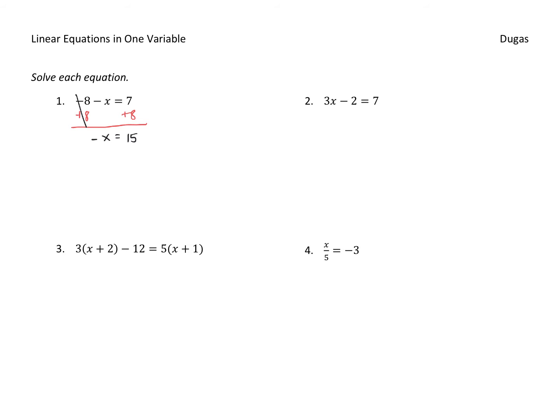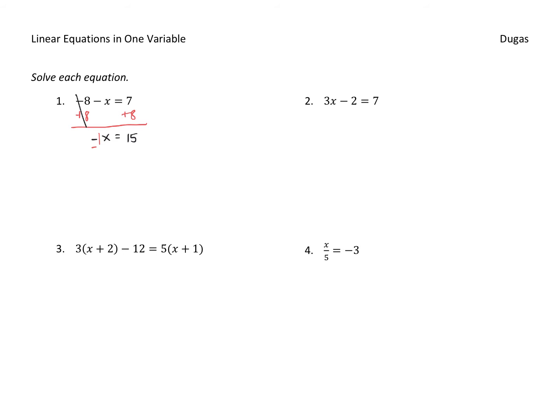Now we're really close, right? But look at the x, it's a -x. We want just x by itself, so we need to get rid of that negative. You can think of it as the opposite of x is 15, which means x would have to be the opposite of 15. Or you can think of this as a -1x, a -1 times x.